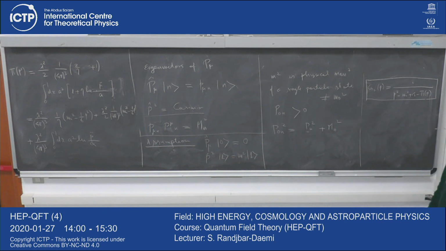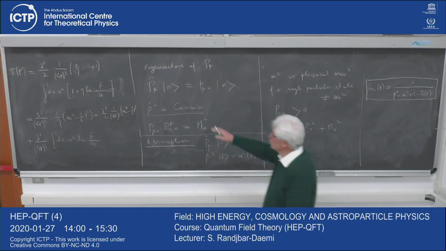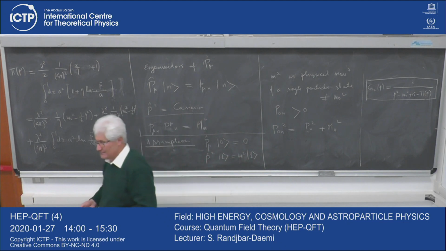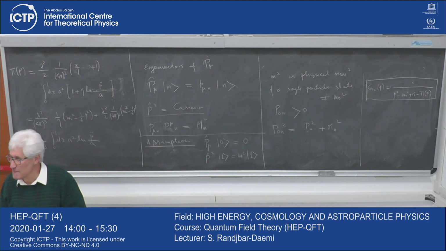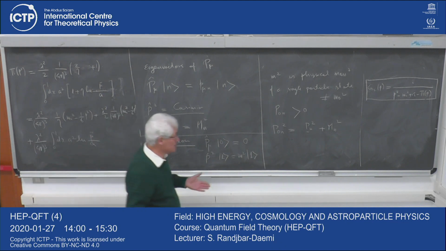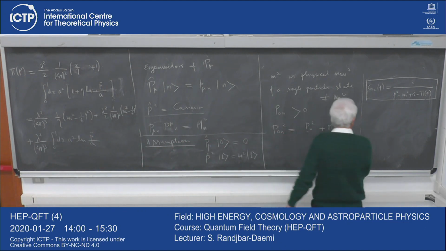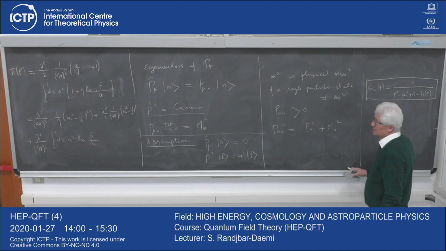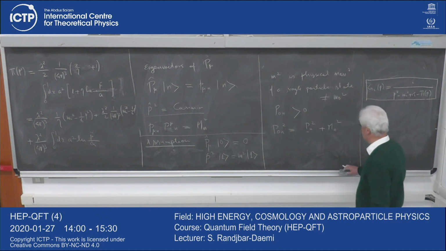The other thing is the group theory. The group theory means: what's the role of the operator p hat? What does it do when it acts on a field? It translates the space-time points, as the generator of translations. So here comes the group theory property.